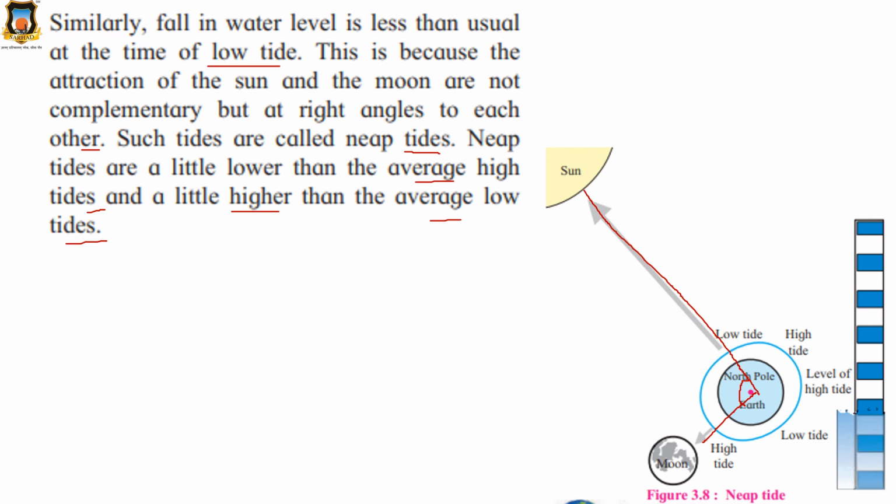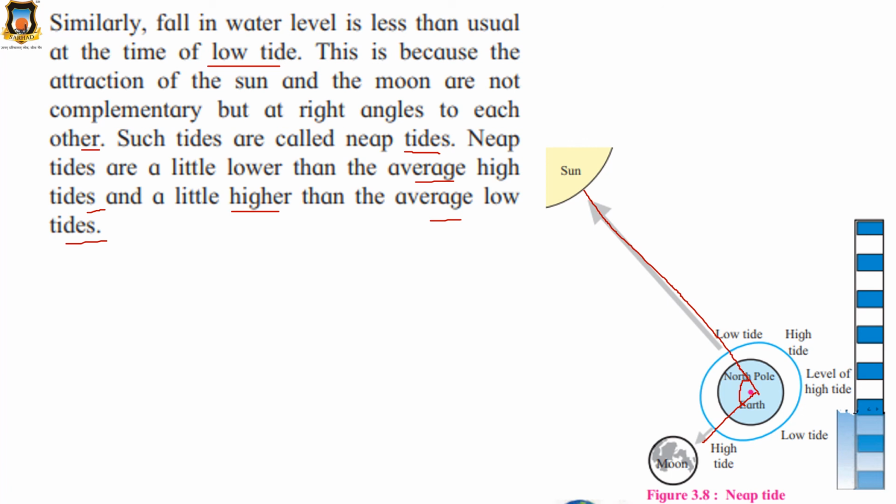Understood all of you? Clear? Okay. Again I am repeating. On the new moon day and full moon days, the gravitational pull of the sun and the moon act in the same direction, leading to spring tides. Spring tides are higher than the average high tides and lower than the average low tides.